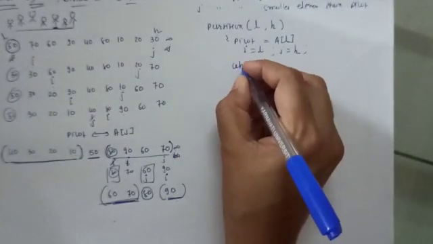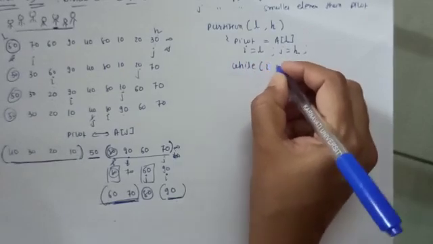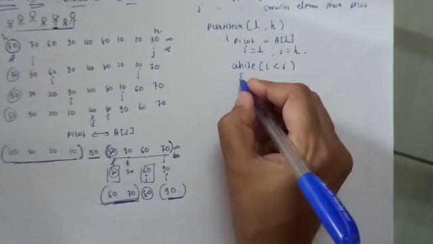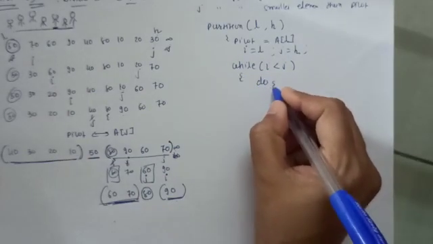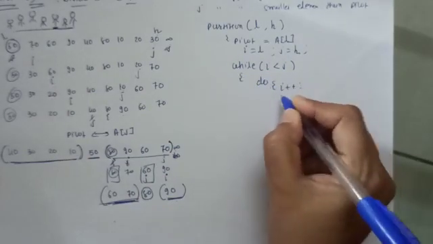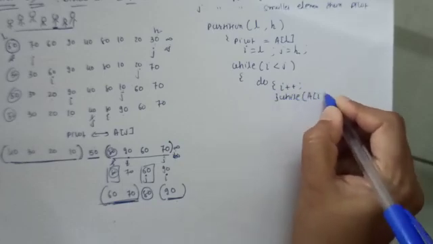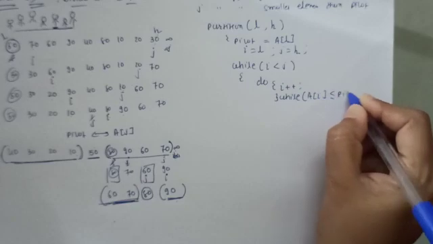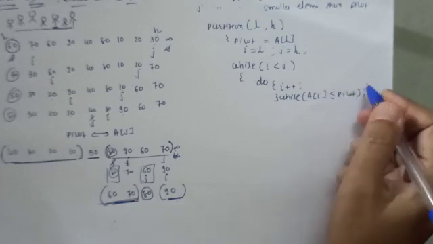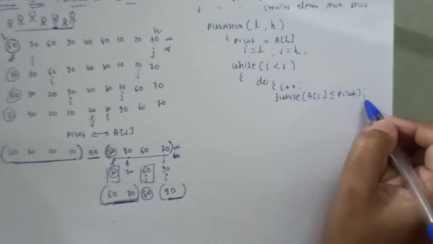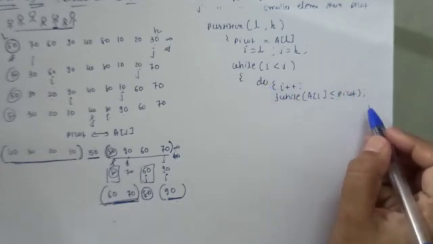Now while I is less than J, as we have already seen in tracing, we will increment I while A of I is less than or equal to pivot. So I will stop if it finds a greater element than pivot. This condition is for that.